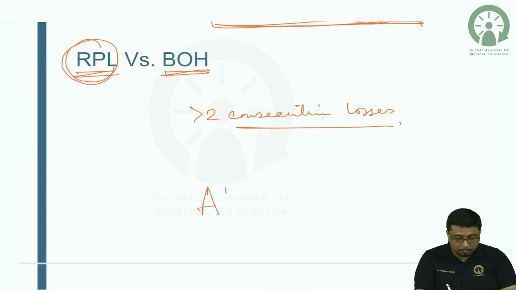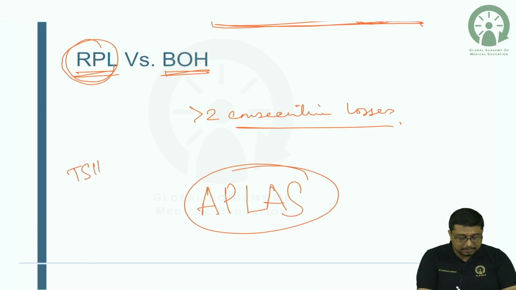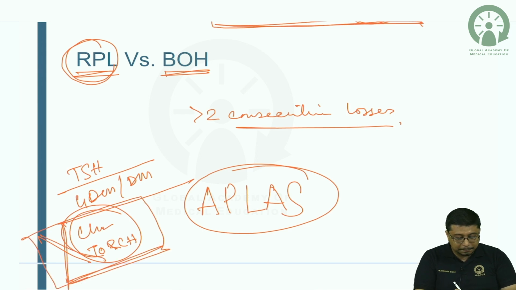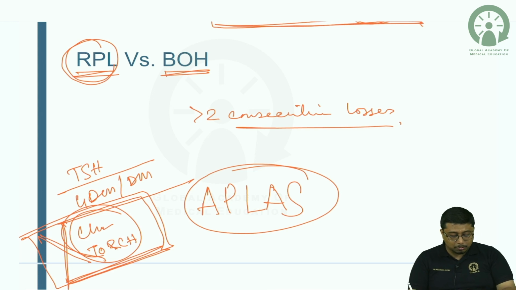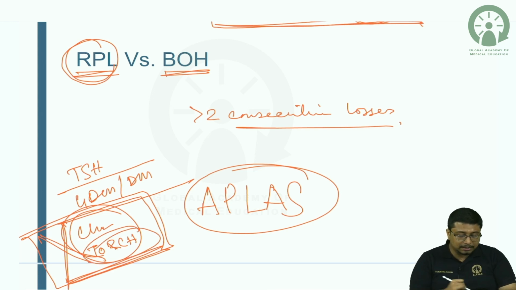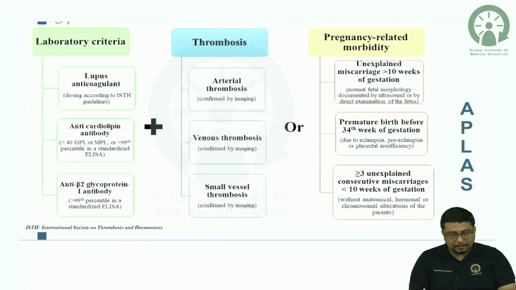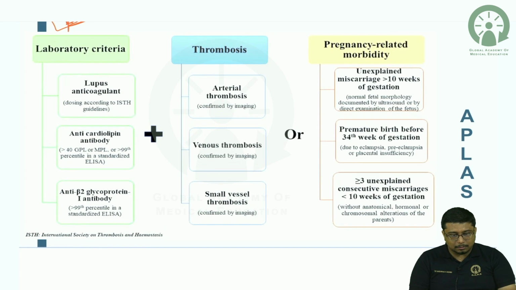The most important cause is APLA. The other causes are thyroid abnormalities, sugar abnormalities, and rarely chromosomal or TORCH infection. So in a case of RPL, we generally don't do chromosomal typing and we definitely don't do TORCH.